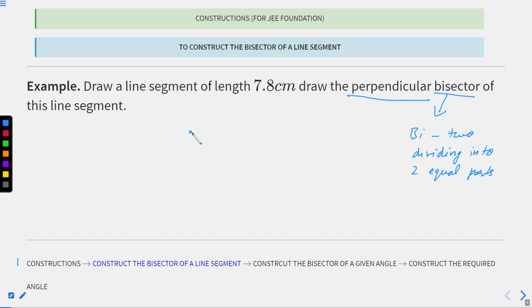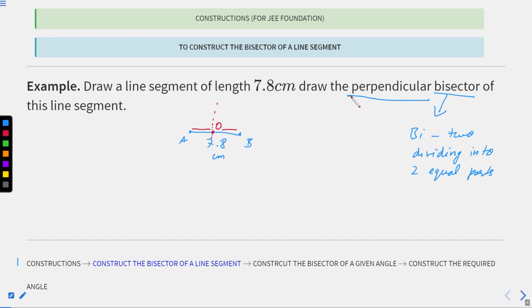So we are given a 7.8 centimeter line segment, say A to B, and we have to divide it in such a way that, say, we divide AB at point O, and the two parts are equal to each other. If we draw a line through this point, we will get a bisector of this line segment.